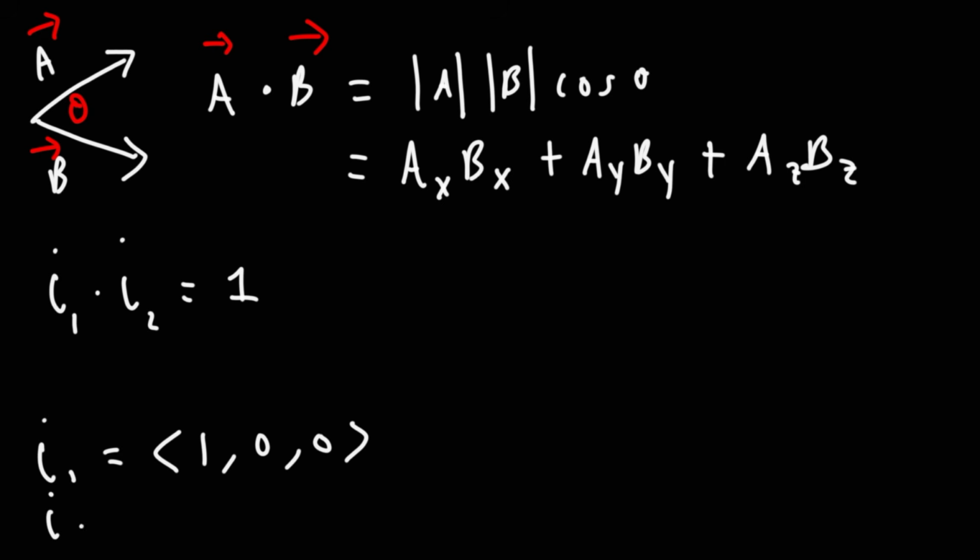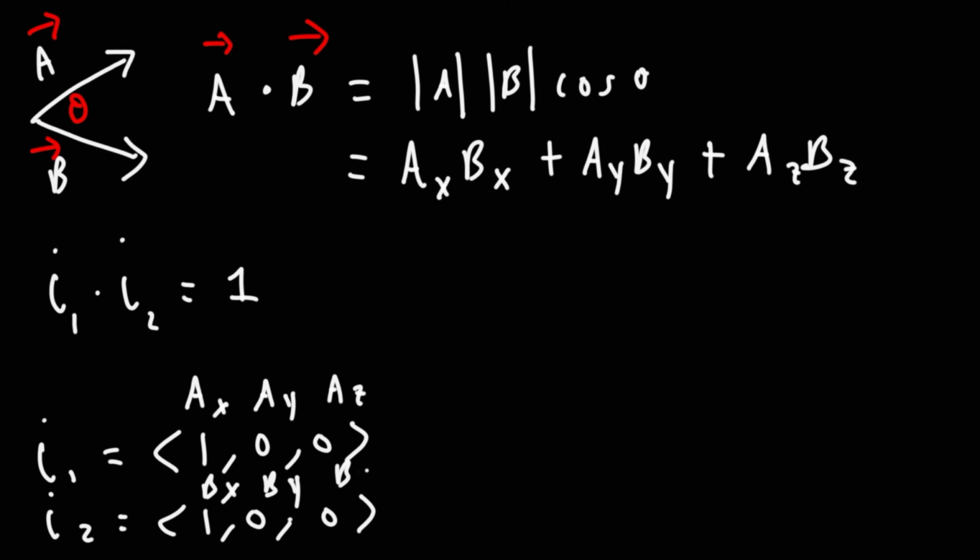The same is true for i2. This is x, y, and z. Well, more specifically, if we associate A with i1 and B with i2, this would be Ax, Ay, Az, and this will be Bx, By, Bz.